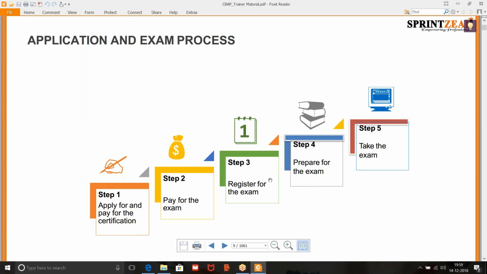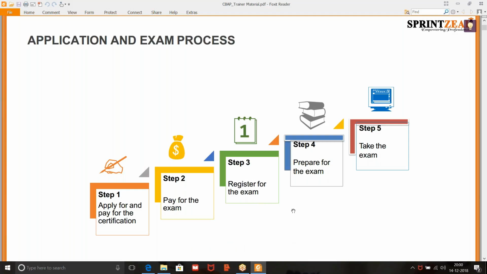I usually tell candidates that step four usually comes much before step one here, because you start preparing for the exam much before you have actually applied and started filling in the application. The first thing you want to look at is the BABOK content and gain a little confidence before you submit an application, because there is a fixed time period between submitting an application and registering for an exam.